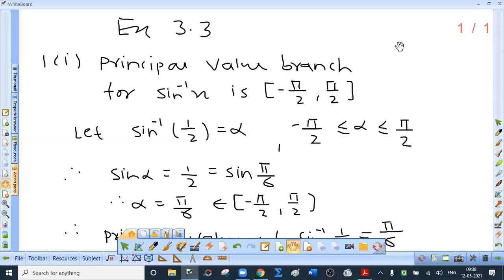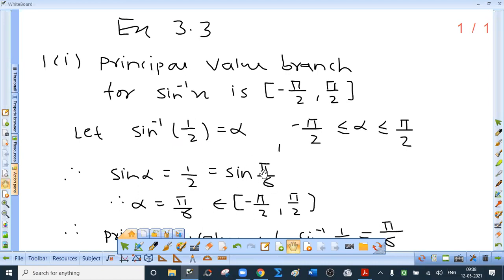Exercise 3.3. First question, find the principal values of the following. First part, sine inverse half. Now the principal value branch for sine inverse x is what? Closed interval minus pi by 2 to pi by 2. Let sine inverse half be alpha, where alpha belongs to this closed interval. Invert the relation. So sine alpha is half, but sine pi by 6 is half.